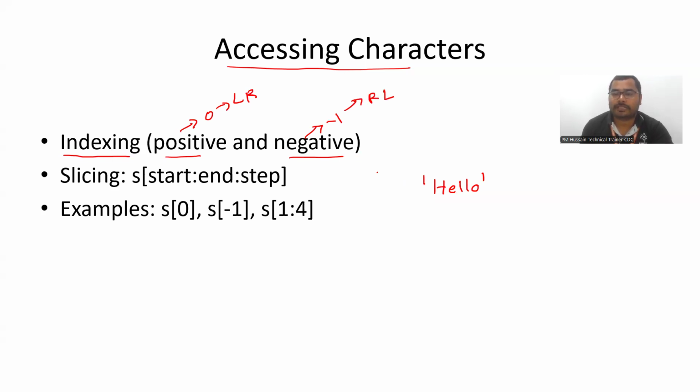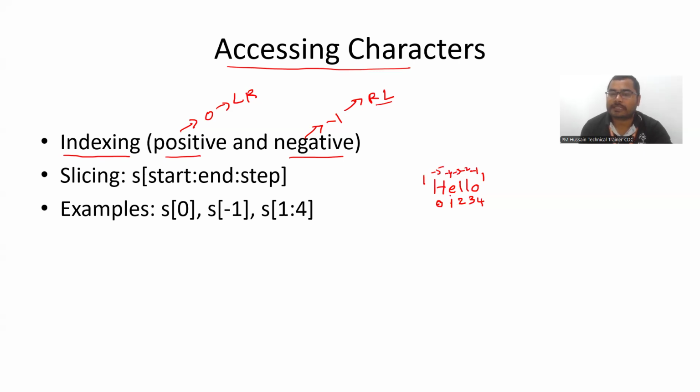Positive indexing starts from the left, so the left-side character will be at the 0th index, the next character at the first index, the next at the second index, then third, then four, like this. Negative indexing starts from the right side, from -1. The last character will be at index -1, the next will be -2, then -3, then -4, then -5, like this.